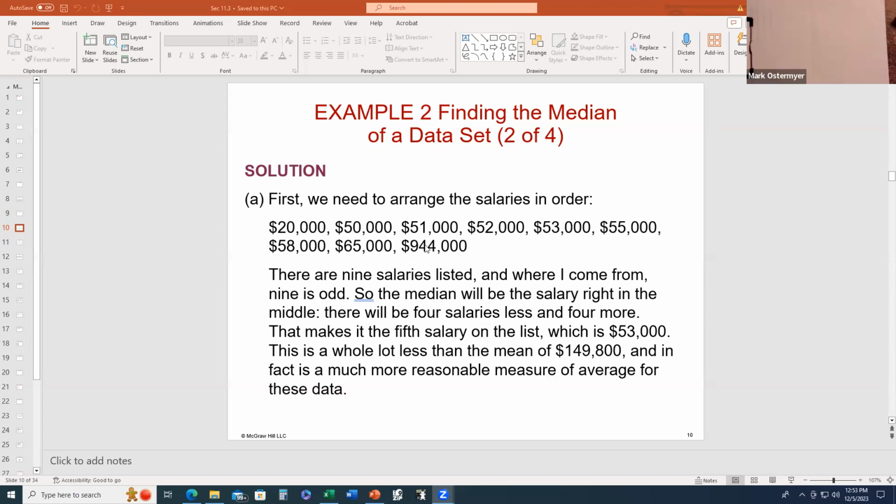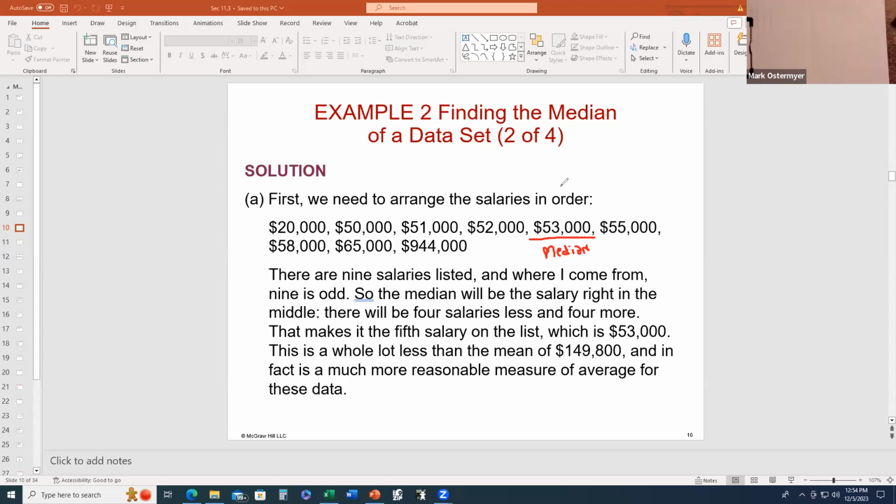Because of that, the median literally will be the middle value, which is to say there will be 4 observations to the left of that value and 4 to the right. So 1, 2, 3, 4. It looks like 53,000 would be the median of this data set, because you have 4 observations to the left and 4 observations to the right of 53,000. So that's literally the middle of the data set.